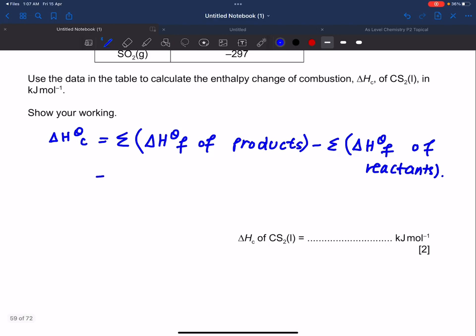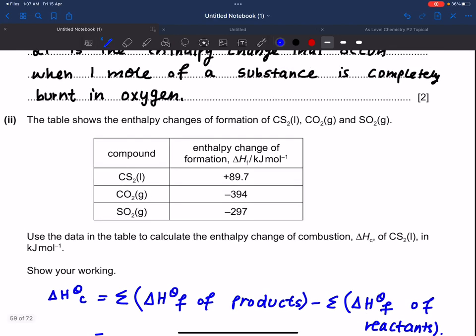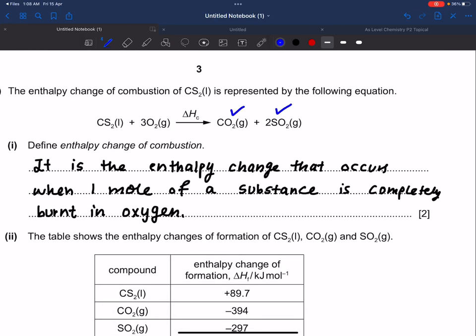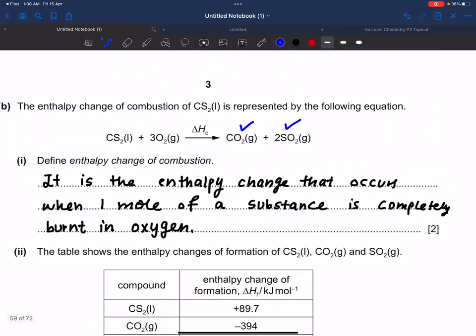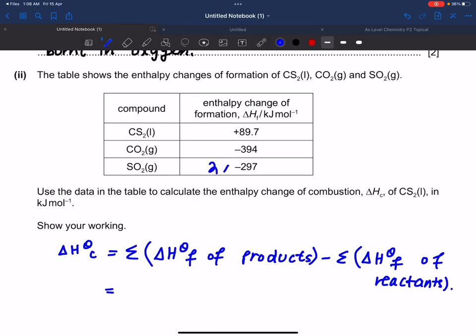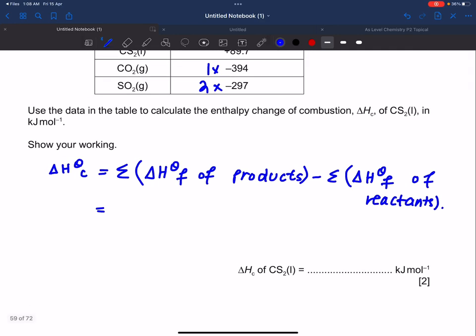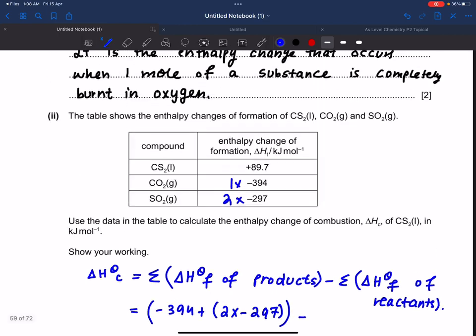Products are these two, right? There are 2 moles of SO2, so do remember that there are 2 moles, 2 times this, or 1 times this. So you can just put that in. That is minus 394 plus 2 into minus 297, because there are 2 moles of SO2, minus reactants.